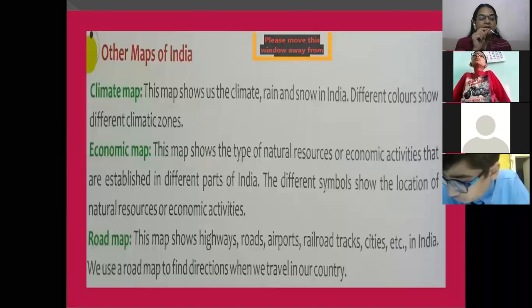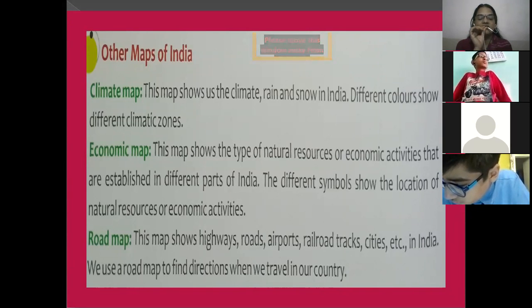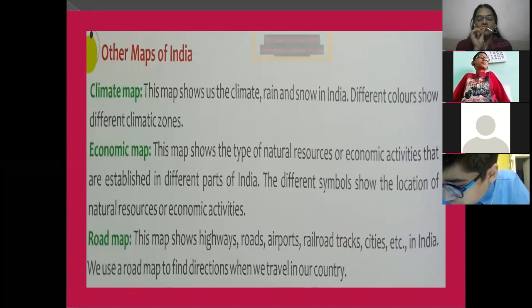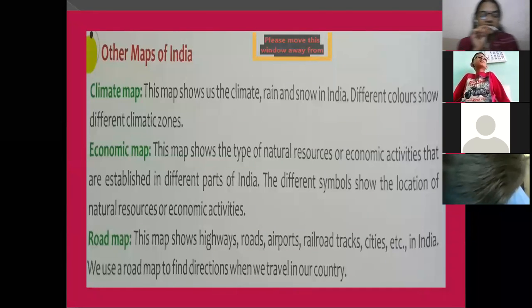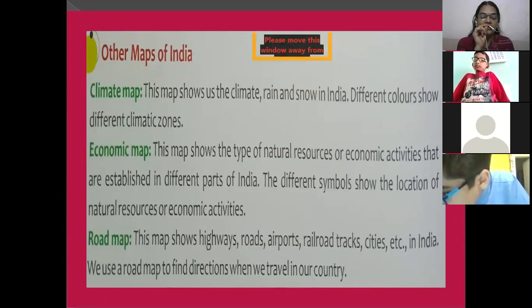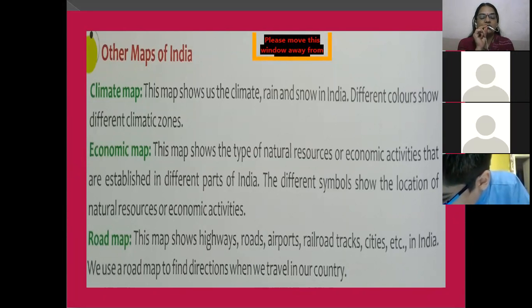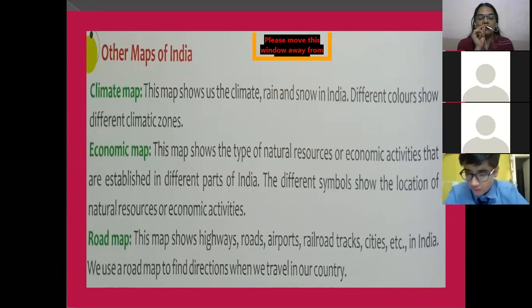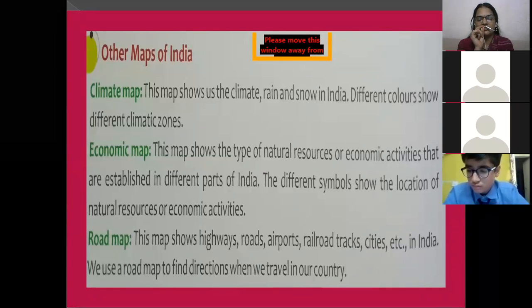Maps are a two-dimensional representation of the earth on a flat surface. We can draw maps of continents, countries, states, cities, and neighboring countries also. We can get more detailed and specific information through maps. A globe does not give specific representation.